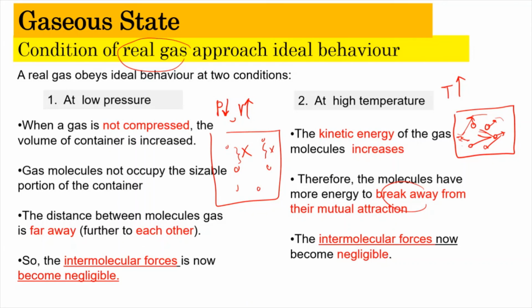Because of this, the intermolecular forces become negligible and can be ignored. Hence, in this situation, real gases will almost be like ideal gases. Okay, because the intermolecular forces dah tiada. So remember, the conditions at which real gases can approach ideal behavior are low pressure and high temperature.